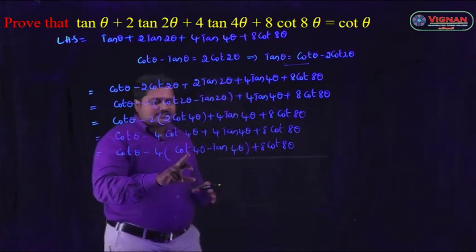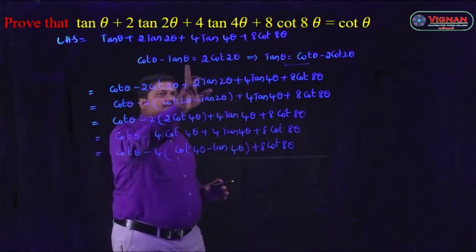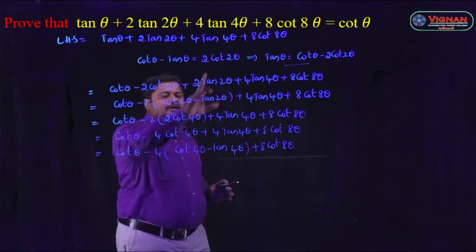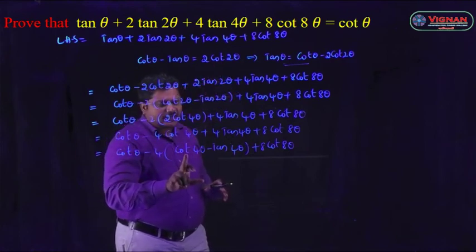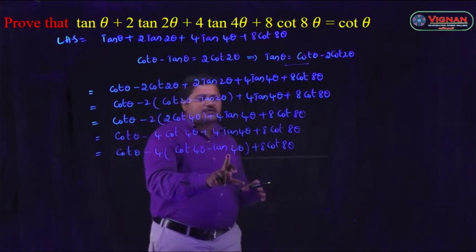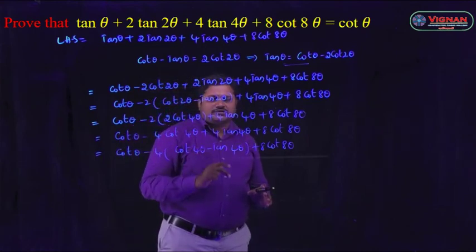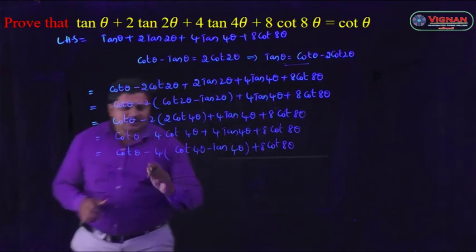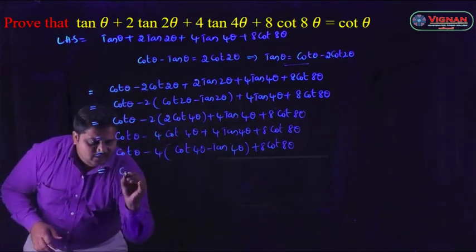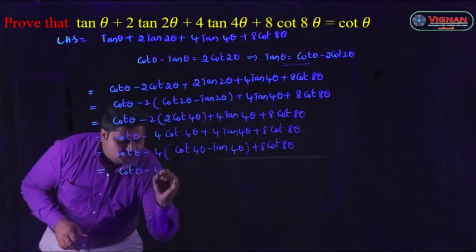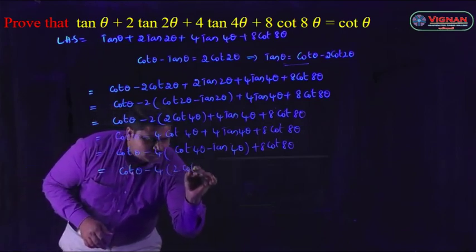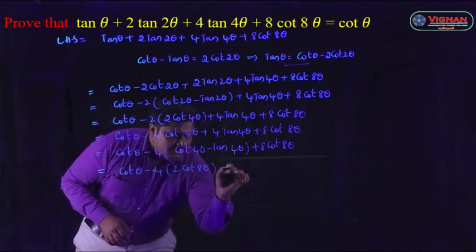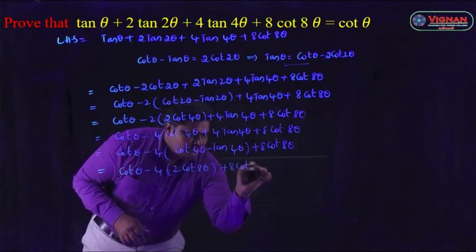The formula is applied: cot theta minus tan theta is equal to 2 cot 2 theta. Here applying the formula to cot 4 theta minus tan 4 theta, we get 2 cot 8 theta.